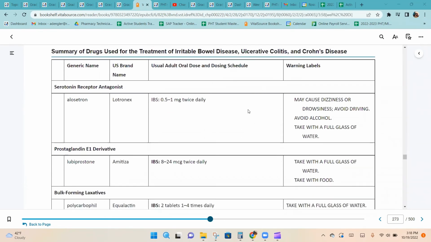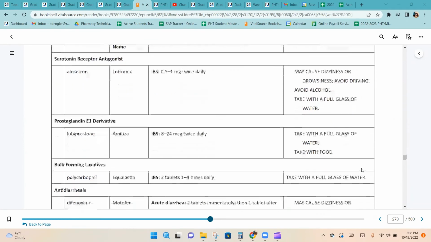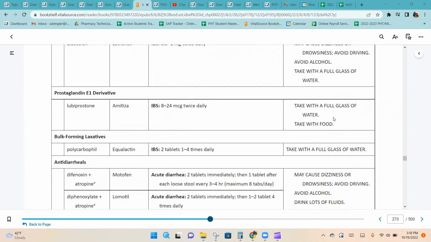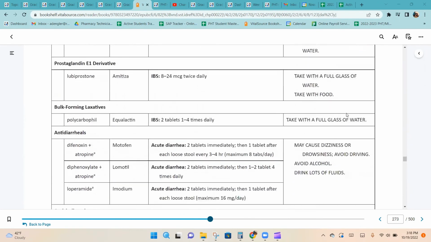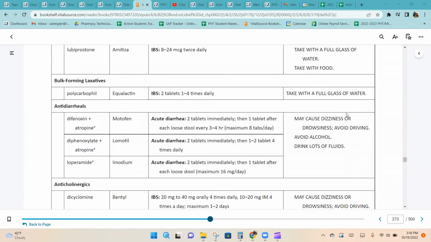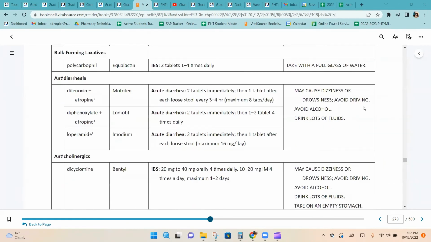We'll talk about the warning labels since we've already talked about the drugs. So for the serotonin receptor antagonist, Lotronex, it can cause dizziness or drowsiness. Avoid driving, avoid alcohol, take with a full glass of water. Amitiza, take with a full glass of water, take with food. Polycarbophil should be taken with a full glass of water.